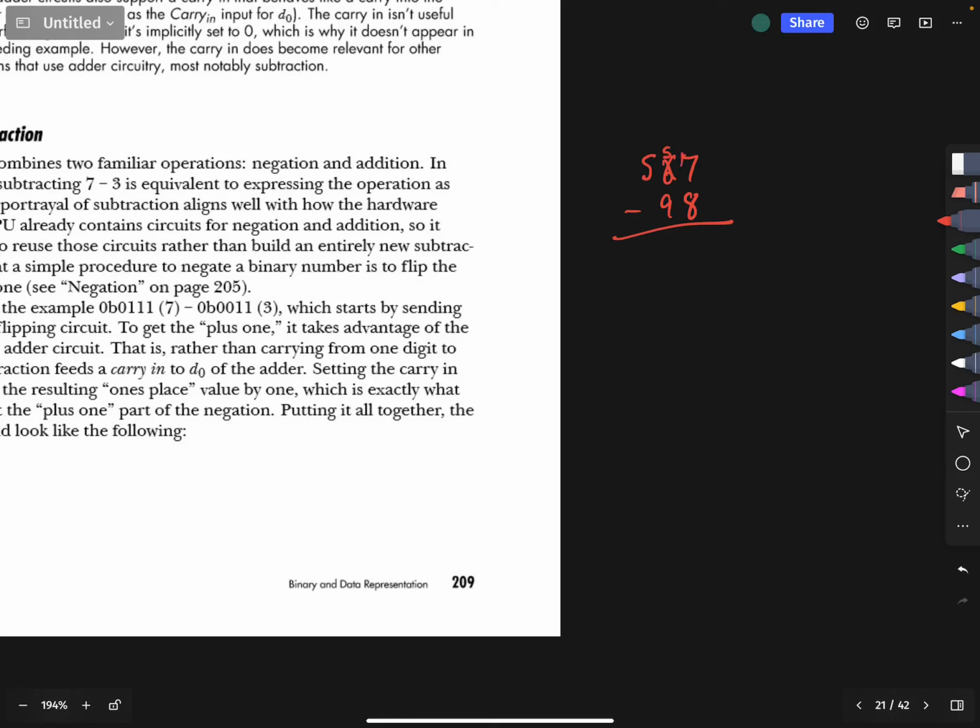Implementing this algorithm in hardware with binary numbers is not an easy translation. It turns out not to be a good idea, so we're not going to try to do that.